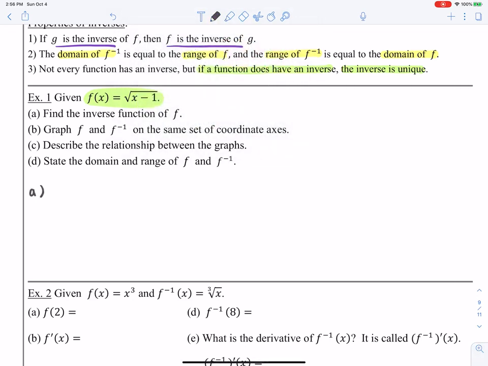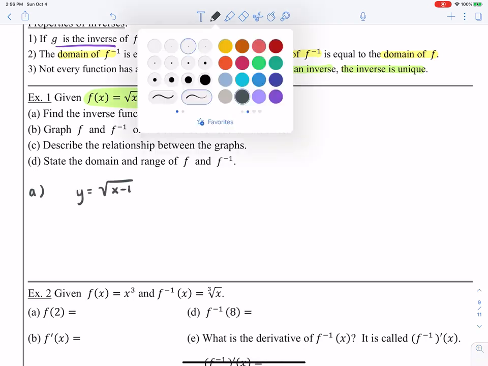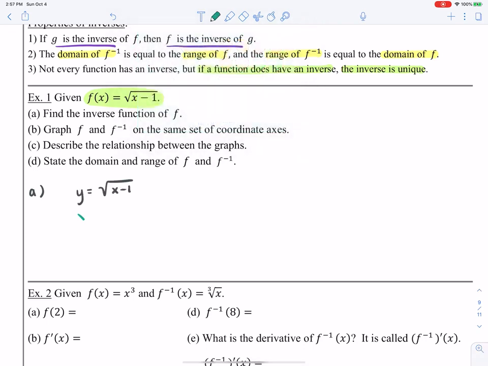So remembering that f of x is, we're going to rewrite as y is equal to the square root of x minus 1. In pre-cal, we learned that we're going to swap x and y, because if we're reflecting this thing, then the x's become y's and y's become x's. And now we're going to solve for y.